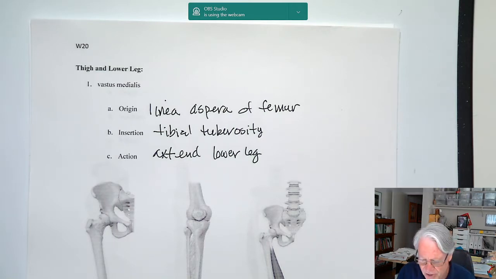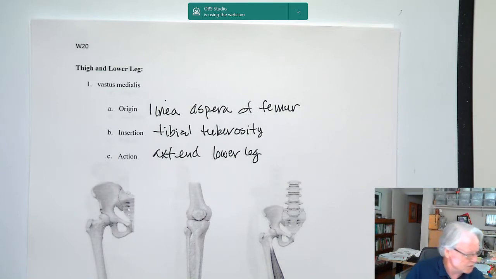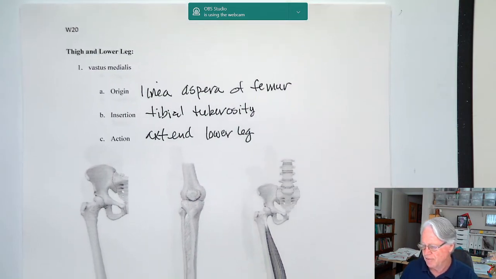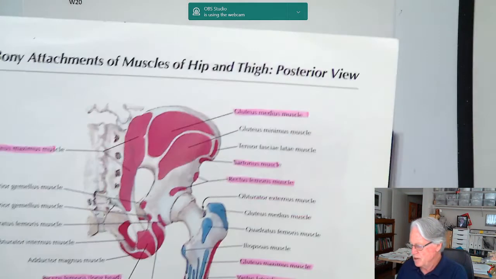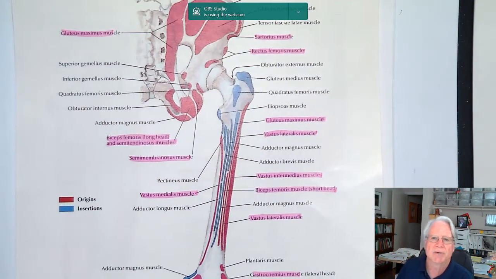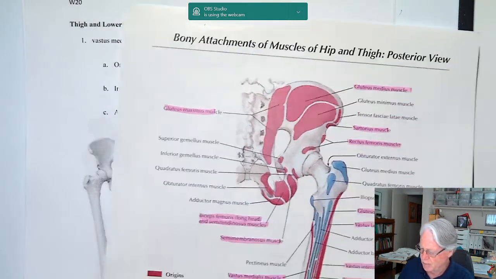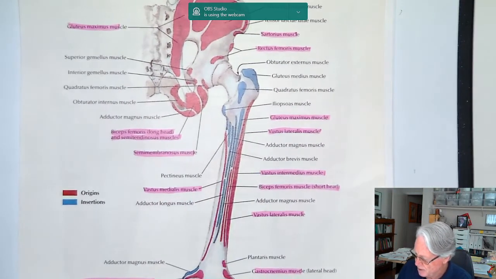Okay, let's identify those locations. Linea aspera. To see that, we have to go to the posterior aspect of the femur.